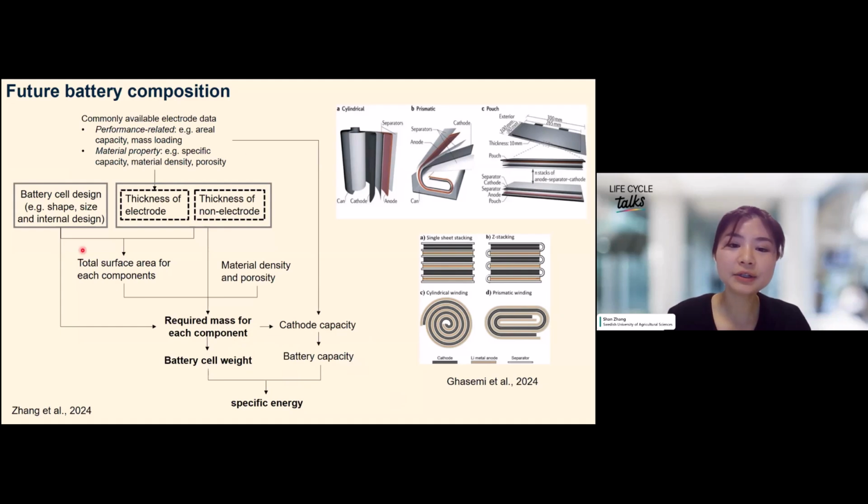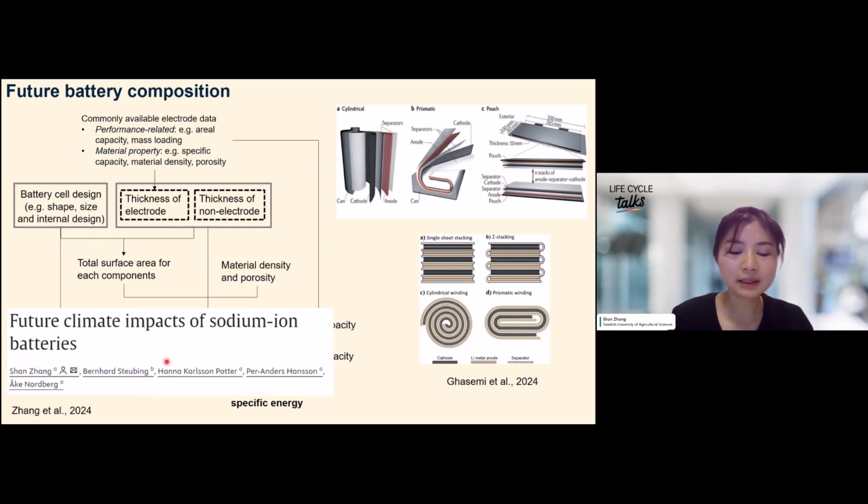This serves as a general framework that we can follow. For specific cases, some slight modification probably needs to be made based on the available input data and the battery cell design. And this is an example study that you can read.